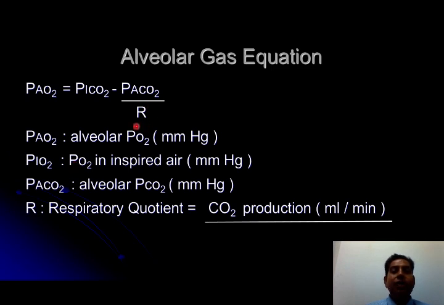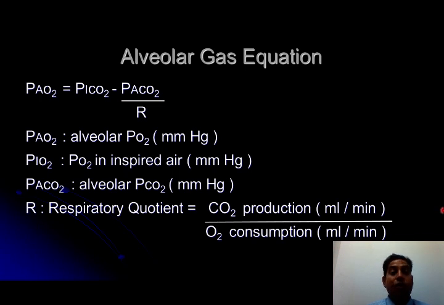R is the rate of carbon dioxide production, again in milliliters per minute, divided by the amount of oxygen consumed, again in ml per minute. This gives us an indication of the burning of the food.